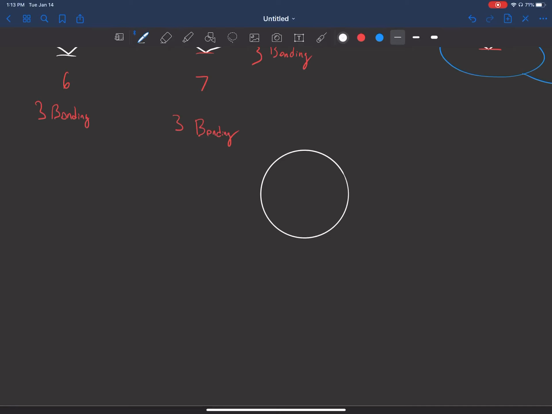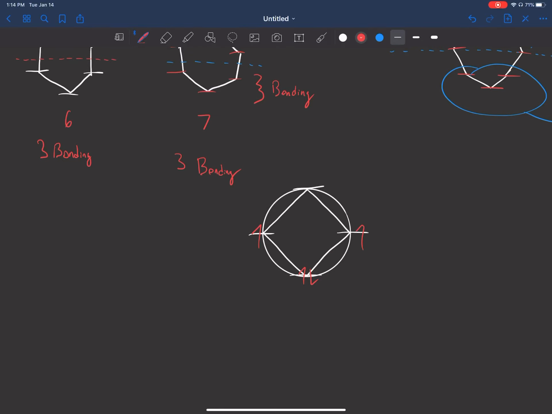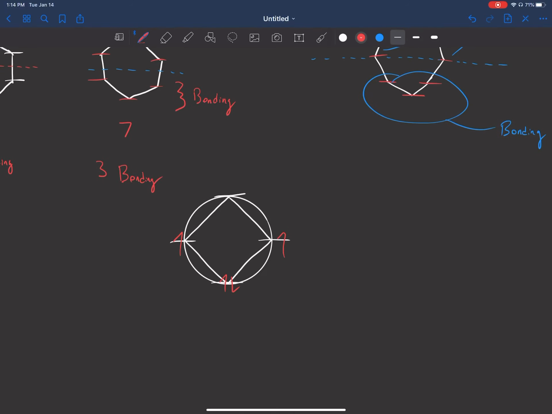We can have this circle, and I can draw a 4-member ring. Something like that, and you can go 1, 2, 3, 4, and then fill in your orbitals. And so that's why they're called Frost circles. So they will give you something on the test to help you draw it. All right, so don't get too nervous about that.